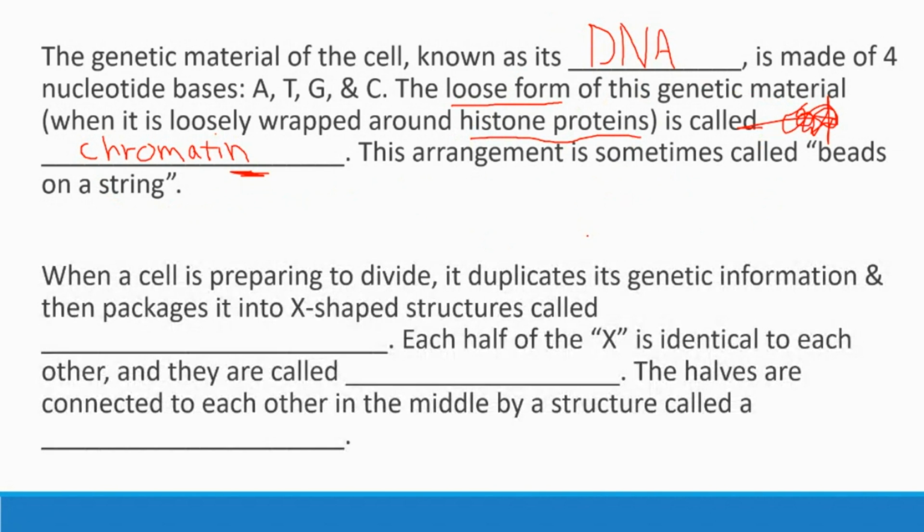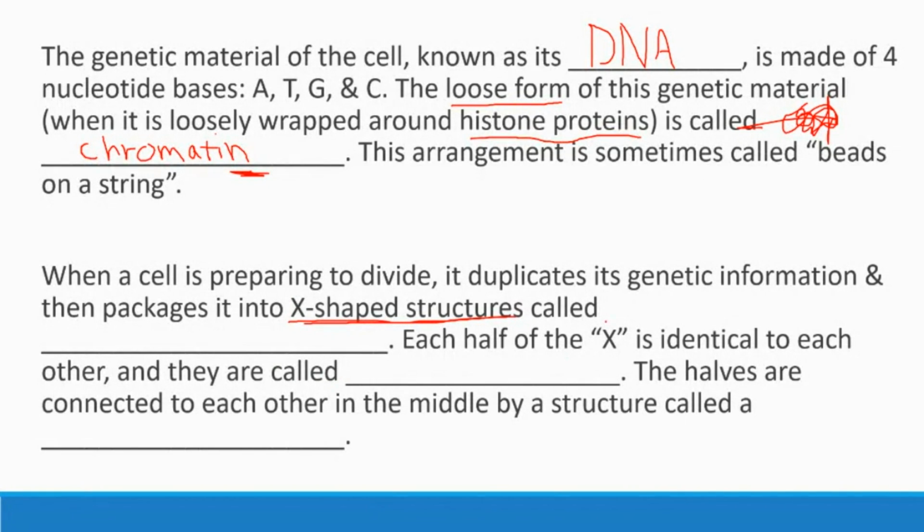But when it's time for a cell to divide, it's going to be really hard to divide that spaghetti noodle mess equally between 2 cells. So what we're going to do to divide it equally between 2 cells is build those X-shaped structures. Those X-shaped structures are what that entire model showed me.